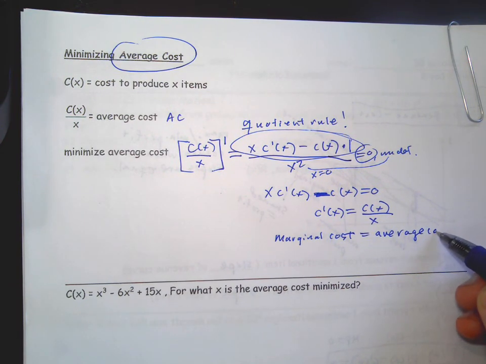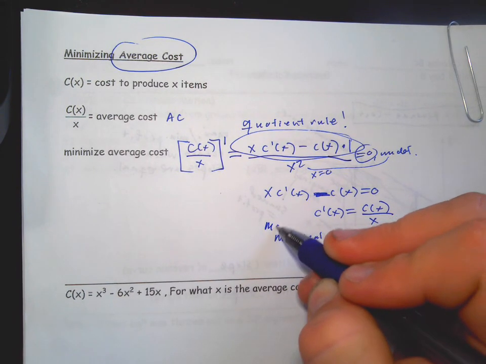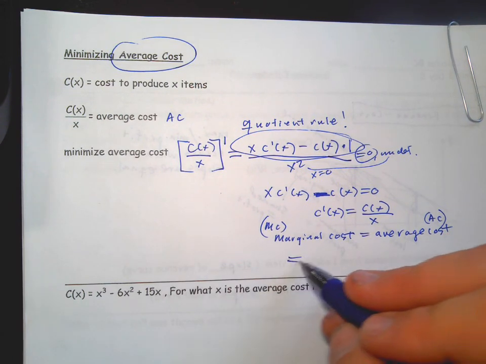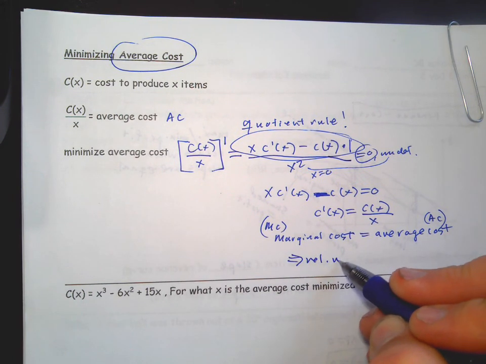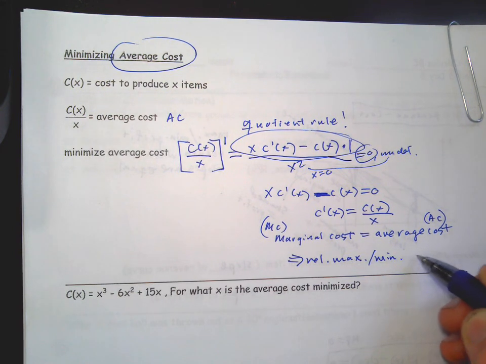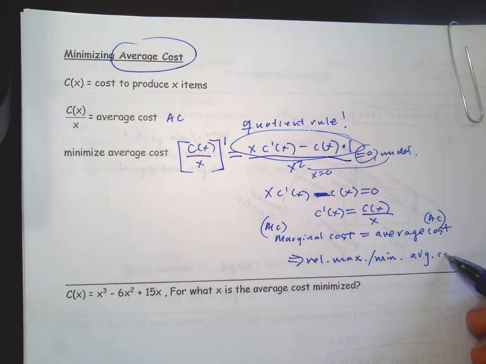So when the marginal cost equals the average cost, you're going to get a relative max or min average cost. Again, you don't need to remember that because I'll show you.